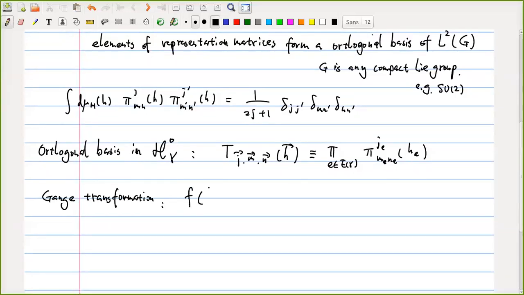For any wave function of those holonomies, it means that this is a function for all holonomies along all edges. And under gauge transformation, you just transform those holonomies, source of E and H E, target E. So this is our gauge transformation for holonomy.